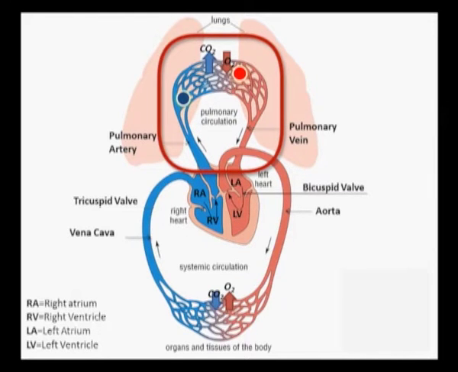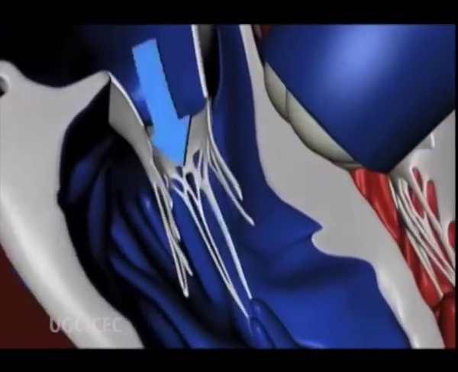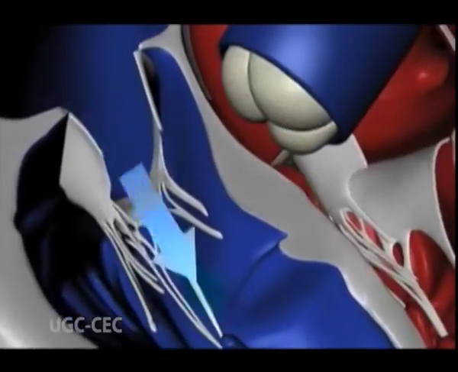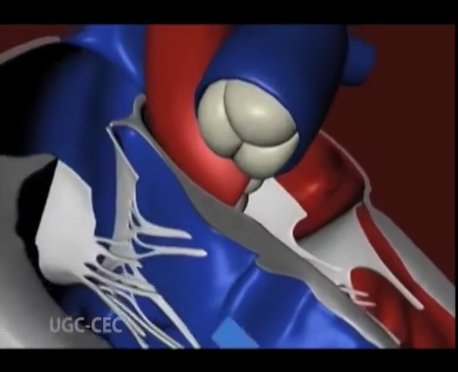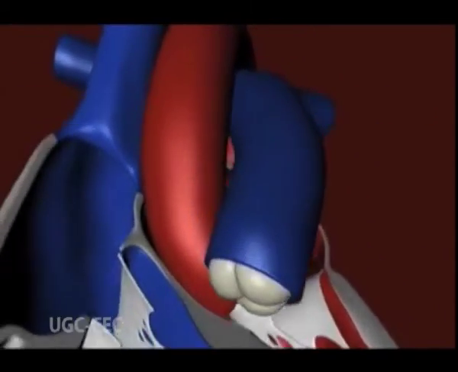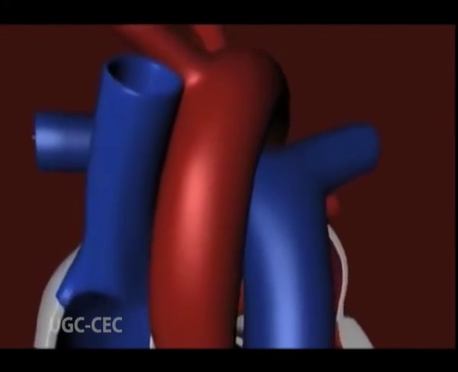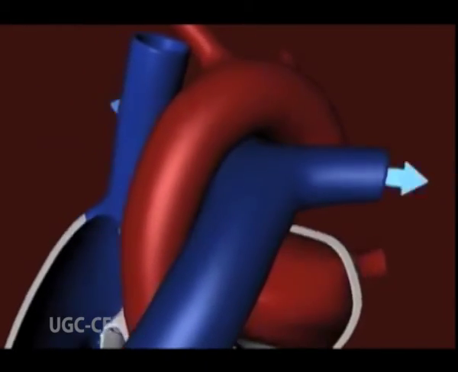Here, the blood enters the pulmonary circulation, where carbon dioxide is exchanged for oxygen in the lungs by passive diffusion. As the myocardium of the ventricle contracts, the pressure within the ventricular chamber rises, causing the blood to flow from high pressure to low pressure areas.